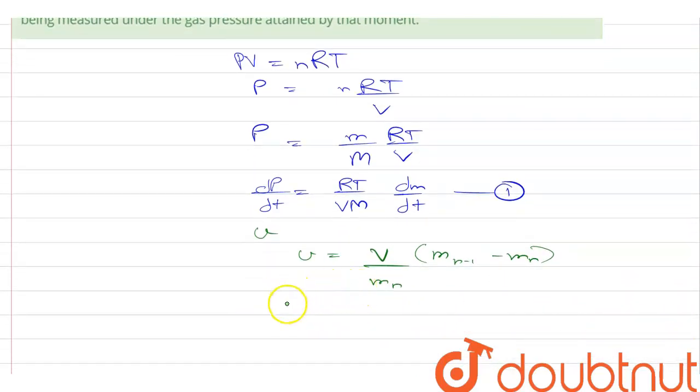Let's mark this as equation number 2. What I mean by M n minus 1 is basically the mass of the gas inside the vessel at the time t, and by M n I mean the mass of the gas inside the vessel at t plus some time delta t.